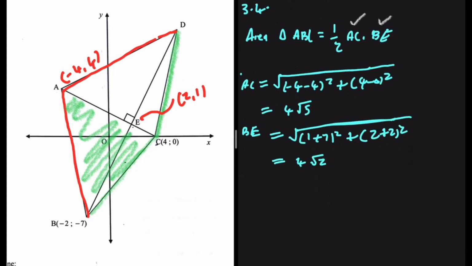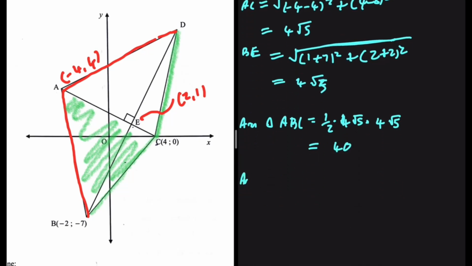So the area of our triangle ABC is equal to a half multiplied by 4 square root of 5, square root of 5, not square root of 2, multiplied by 4 square root of 5. So now it's just a matter of putting that in your calculator, and we are getting 40.